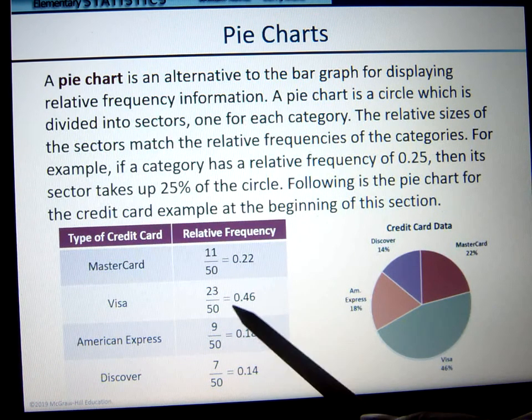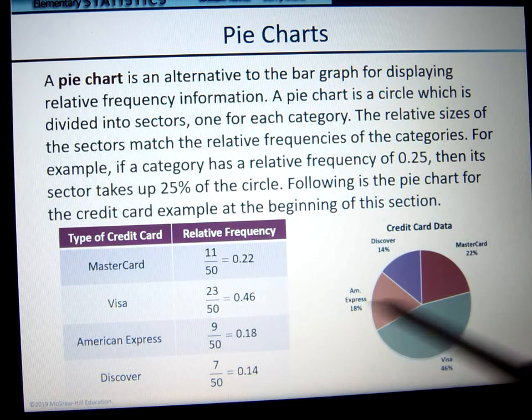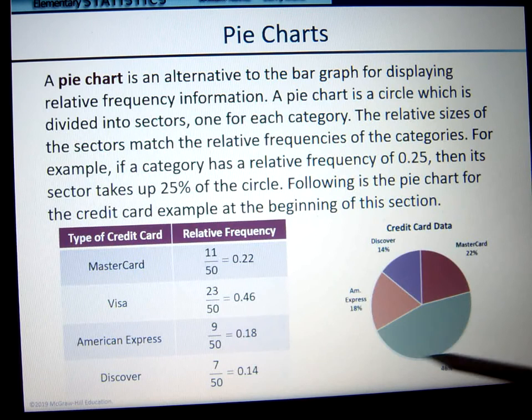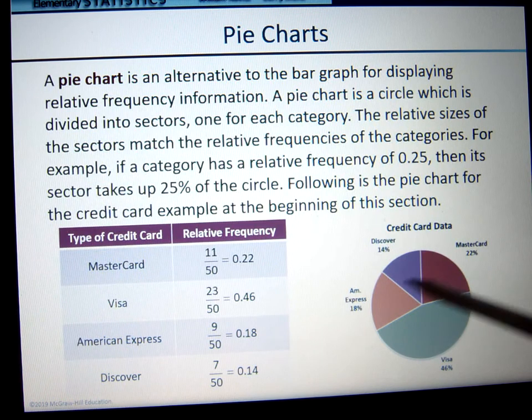Then you would take 46% of 360 to get your angle for your Visa, and 18% for American Express, and 14% for Discover. And then when you construct this graph and you're going around and measuring these angles, it should all come together as 360 total. So if it doesn't, then something's wrong.